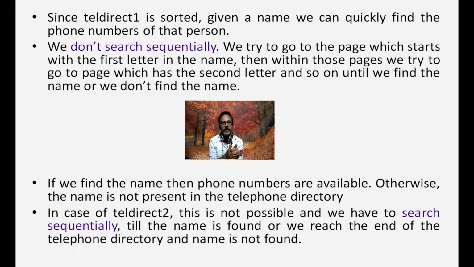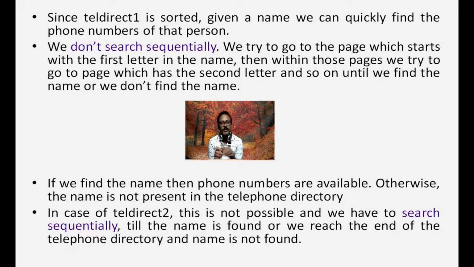If it is in sorted order, your algorithm can just find out the first letter of the name of the person, and because it is in sorted order, you can go to approximately that page. Say it is K, so you can approximately go to that page.